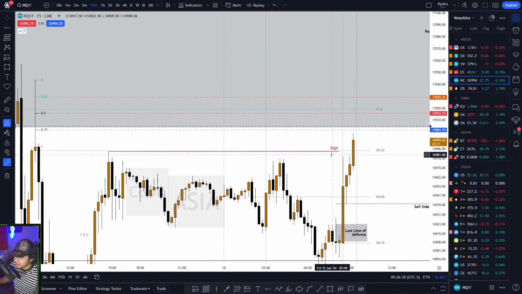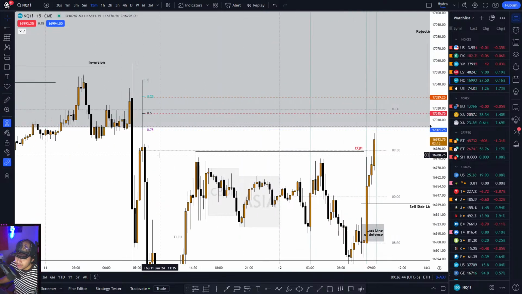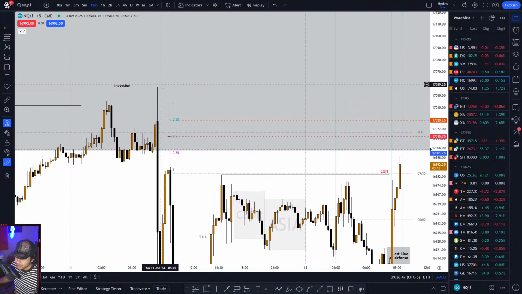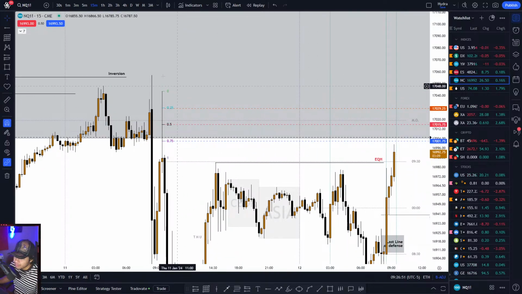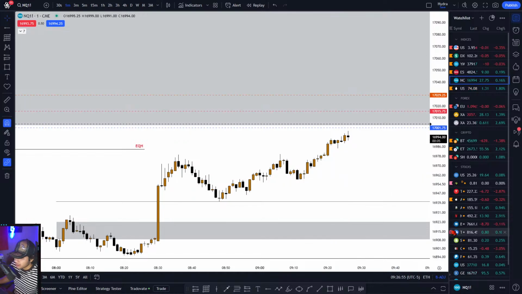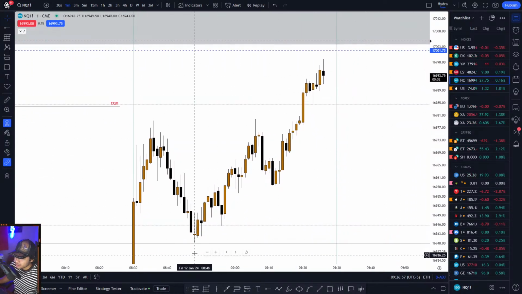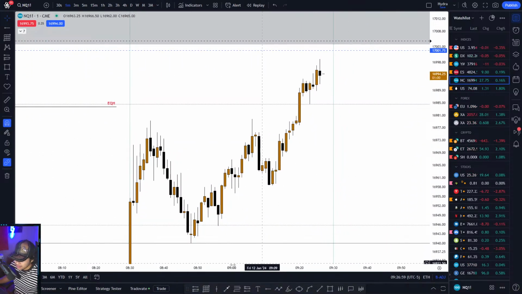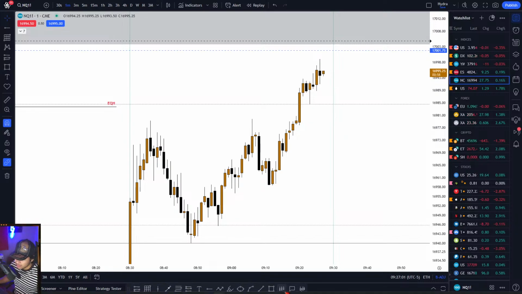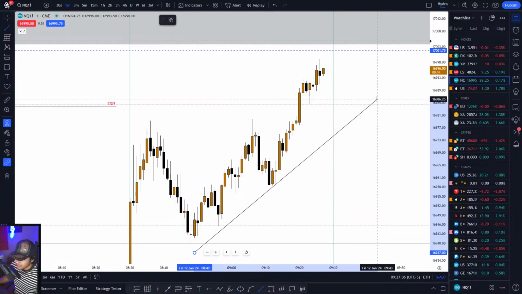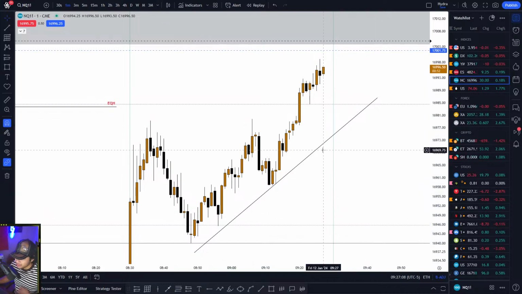Another important thing is that we have the monthly opening right here, and it's coming with the consequent encroachment of this week. We also have equal highs up here, and there's a possibility of going up, suppose at the PM session. But why am I expecting lower price action? Because of this trend line liquidity. This is the whole structure of how I trade, by targeting these kinds of liquidity levels.